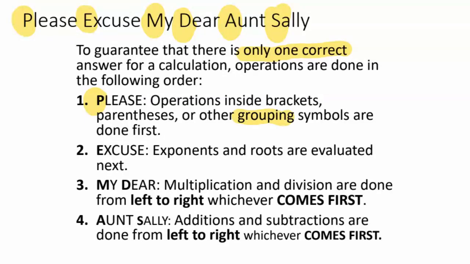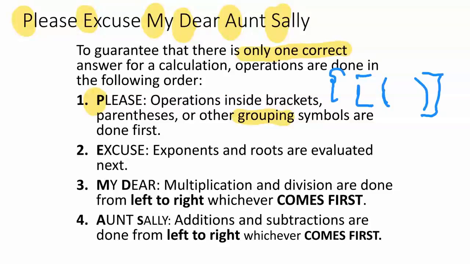Just to give you an idea, we are going to see parentheses. That's normal. Then you are going to start to see what we call brackets. And then we are going to have braces. The key with grouping symbols is that we start with the parentheses inside the grouping symbols, and then we work outward.